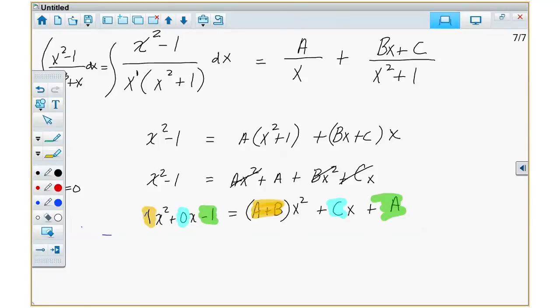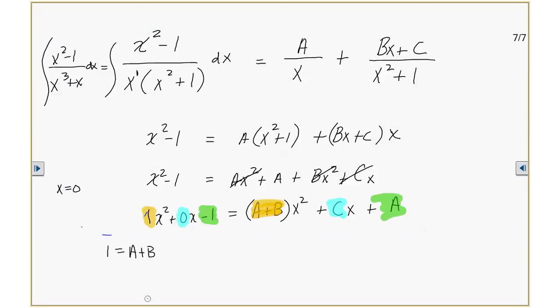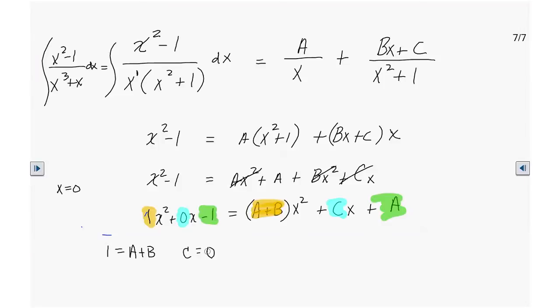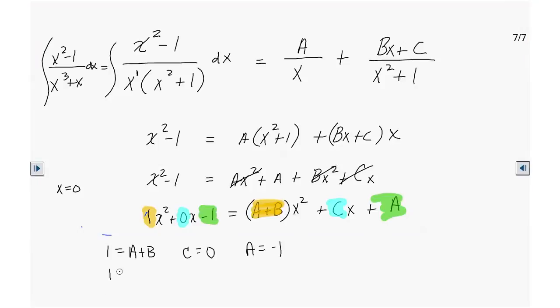So, 1 is equal to A plus B. C is equal to 0. And A is equal to -1. And what do you do with -1? Plug it in. 1 equals -1 plus B. And B is equal to what? 2.